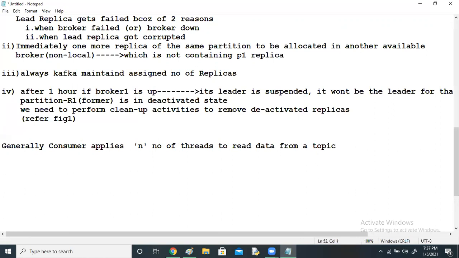What is n here? Why only n number of threads? Where n is the number of lead replicas.